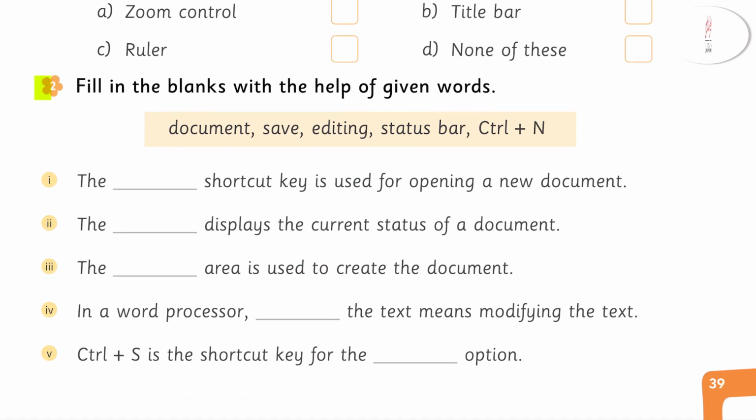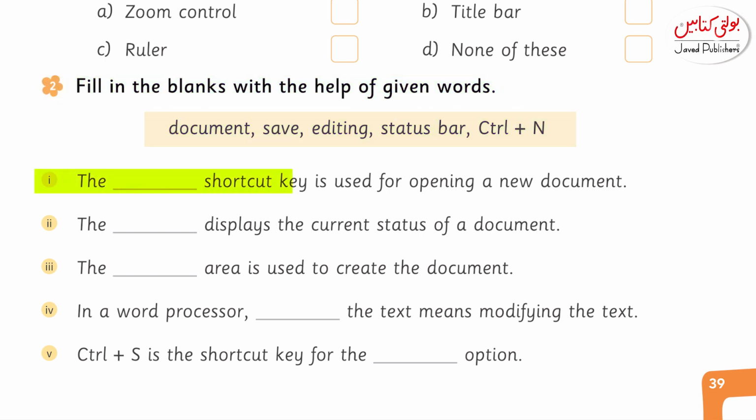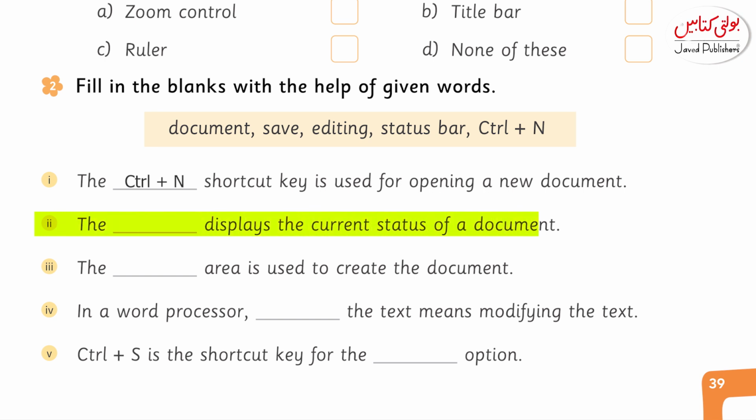Question 2. Fill in the blanks with the help of given words, and the given words are document, save, editing, status bar, Control plus N. The dash shortcut key is used for opening a new document. Control plus N. Blank 2. The dash displays the current status of a document, the status bar.